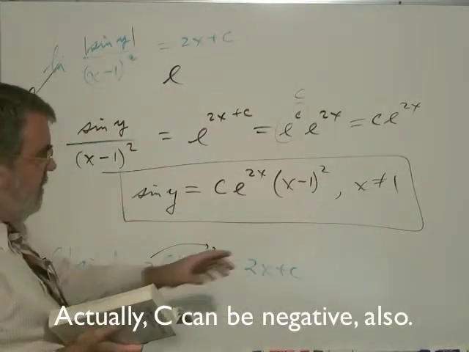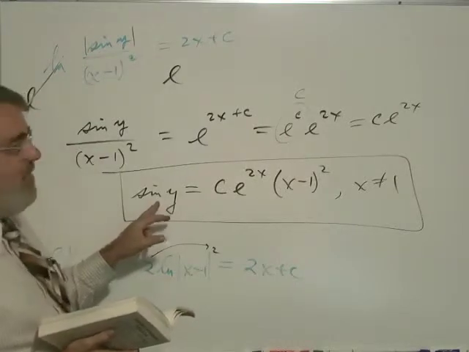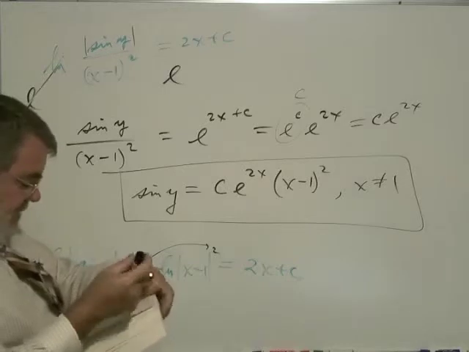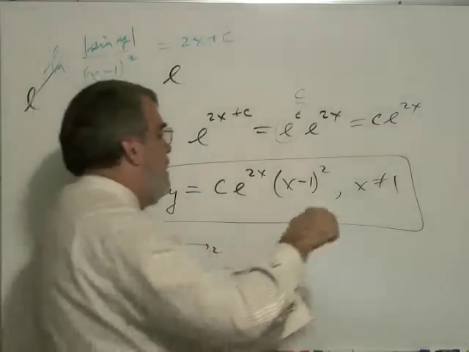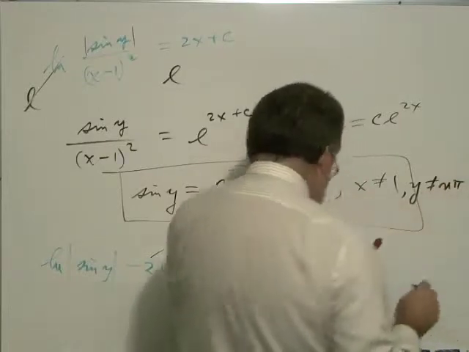And so when x is not equal to 1, that means that this cannot be 0. In other words, y can't be an integer multiple of pi. So this is y not equal to n pi.